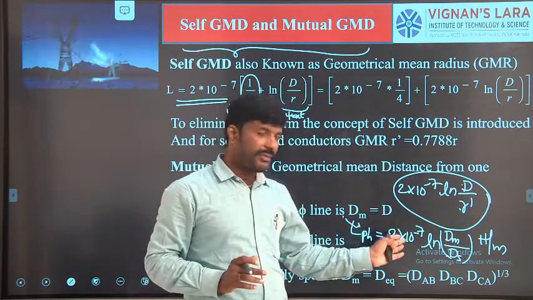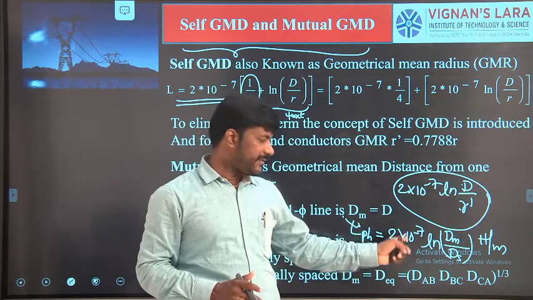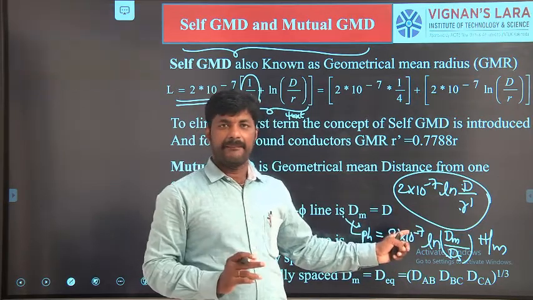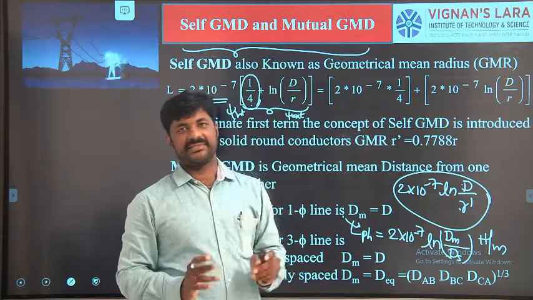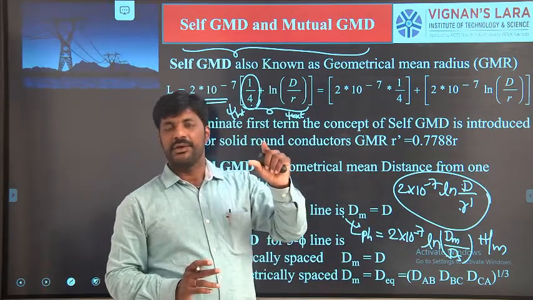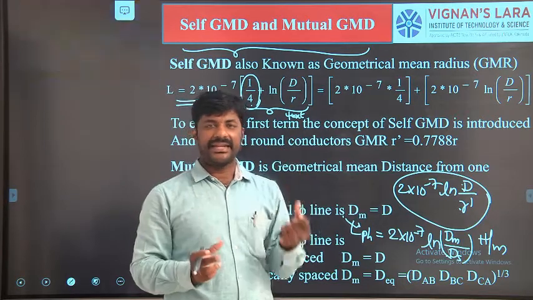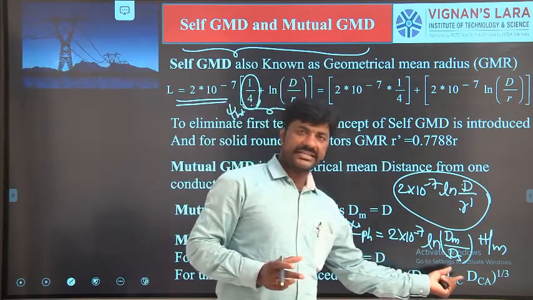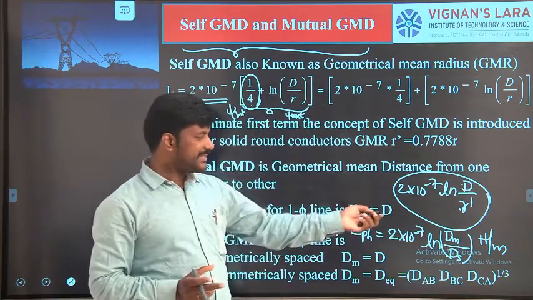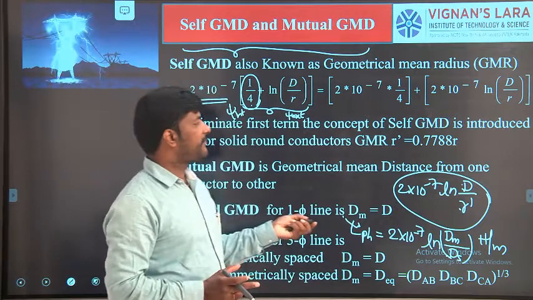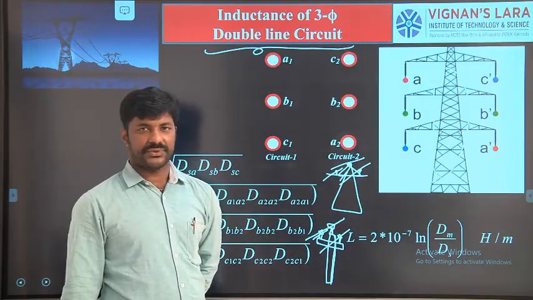Separately I am going for the next procedure, that is, inductance calculation is given simply by estimating the distances between the phases, where the numerator is the mutual spacing between any two different conductors and the denominator is the self distance, self geometric mean radius. So let us see this concept with respect to this three-phase double line circuit.